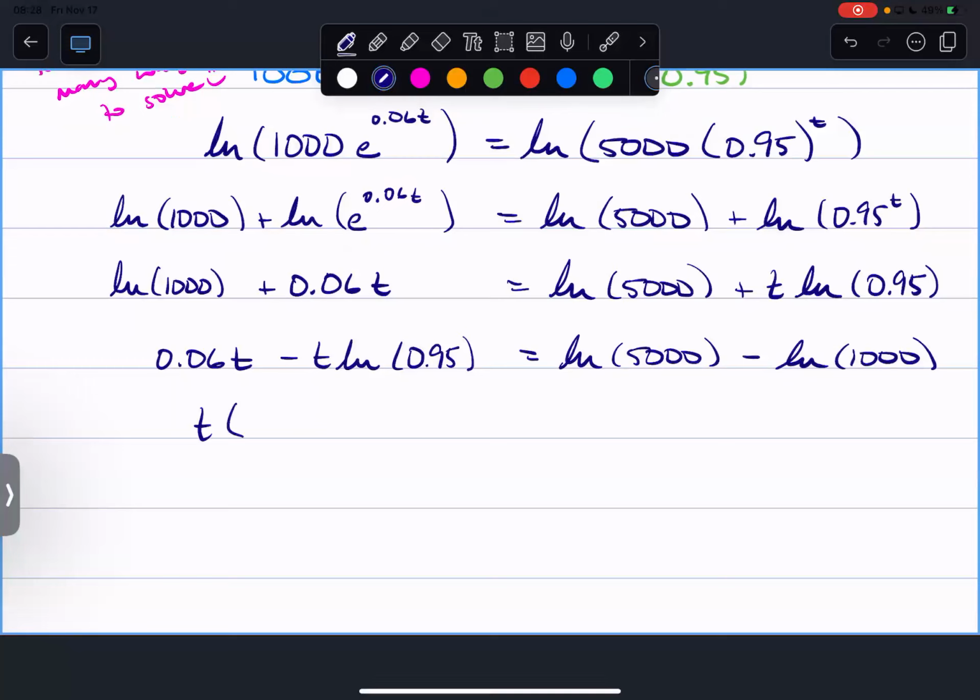Pulling out that common t, I get t times 0.06 minus the log of 0.95. What's this going to simplify to? Even if we don't take the logs out, you can if you want, but this is the same as the log of 5000 divided by 1000, right?